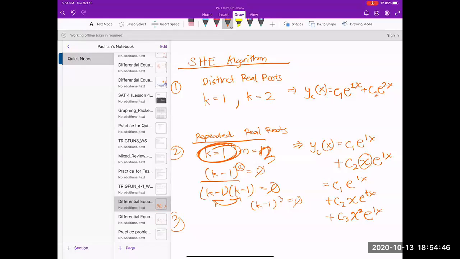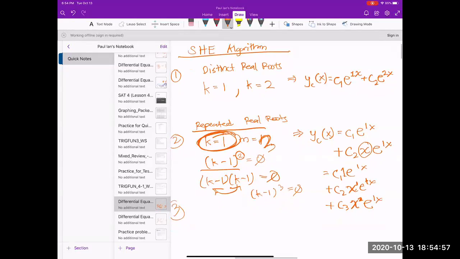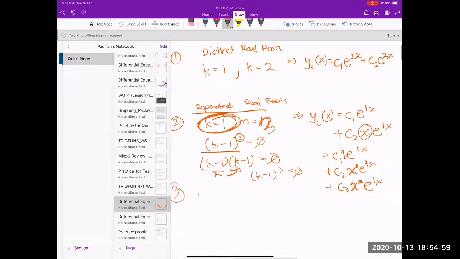There's a pattern: there's a 1 here, an x here, an x squared. Technically, this 1 is like x to the 0. It's like you're integrating it. Almost, exactly.